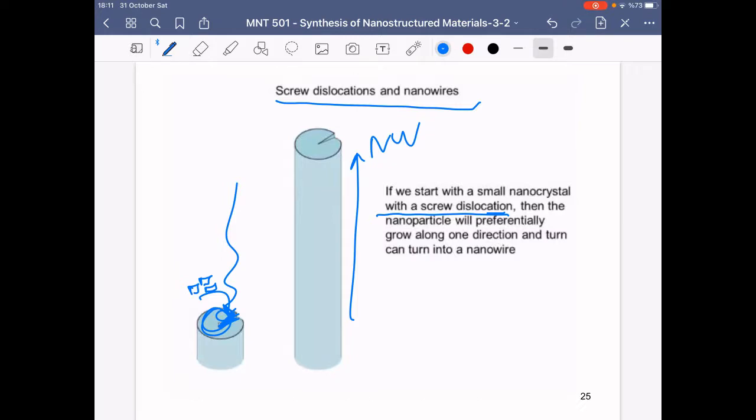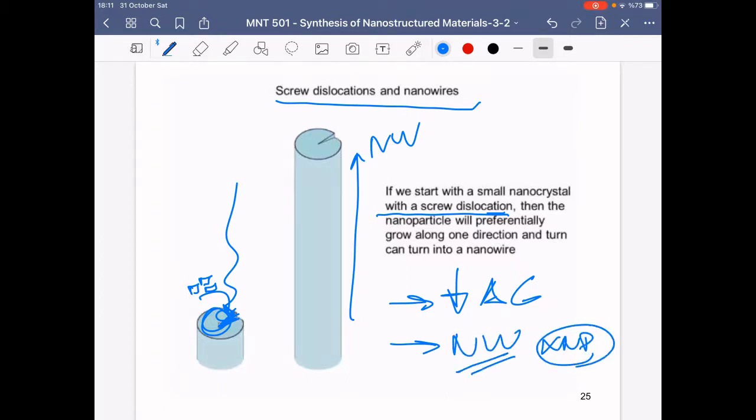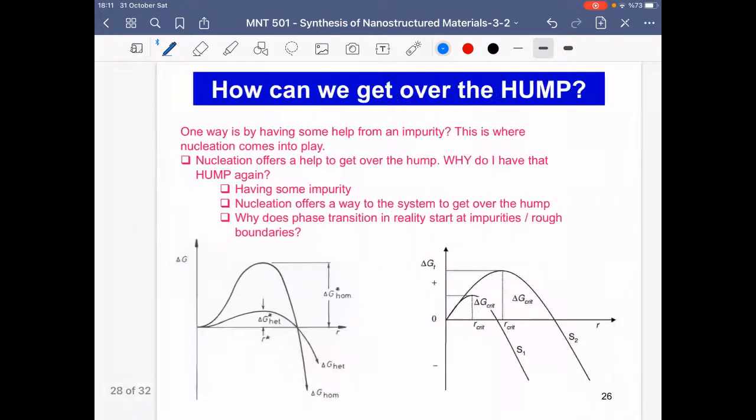So in this way, not only do I decrease my delta G, but I can also grow nanowires instead of a nanoparticle. This is a very well-known fact in nanocrystal growth as well, these dislocations or defects that are created in the systems.